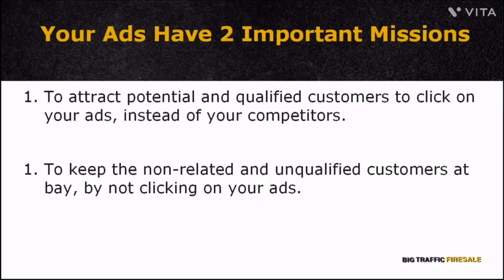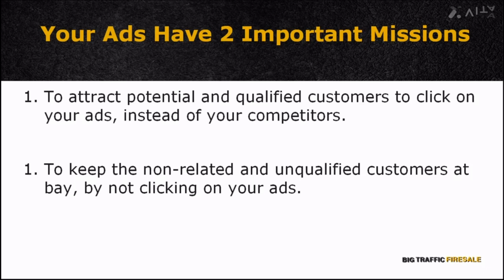When it comes to Google AdWords, most people disregard the fact that besides traffic that you intend to generate, there will be unwanted traffic too. You must take this into account as you're paying when people click on your ads. Therefore, your ads have two very important missions: to attract potential and qualified customers to click on your ads instead of your competitors', and to keep the non-related and unqualified customers at bay by not clicking your ads.